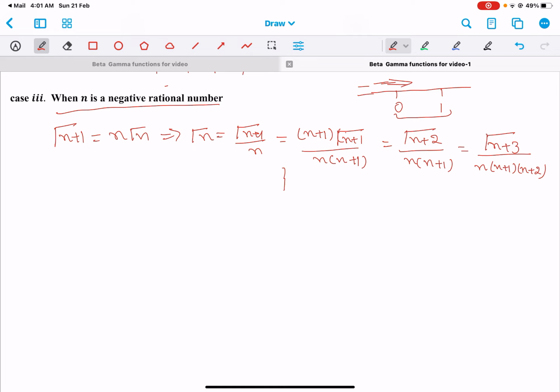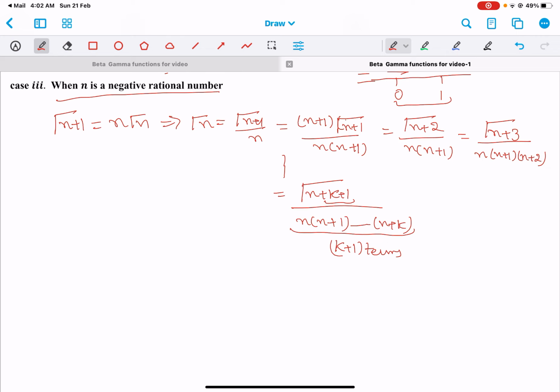And going in this manner, I can write it like this: gamma n plus k plus 1 upon n into n plus 1 up till n plus k. You may notice here that you have k plus 1 terms in the denominator. The total number of terms in the denominator is k plus 1.